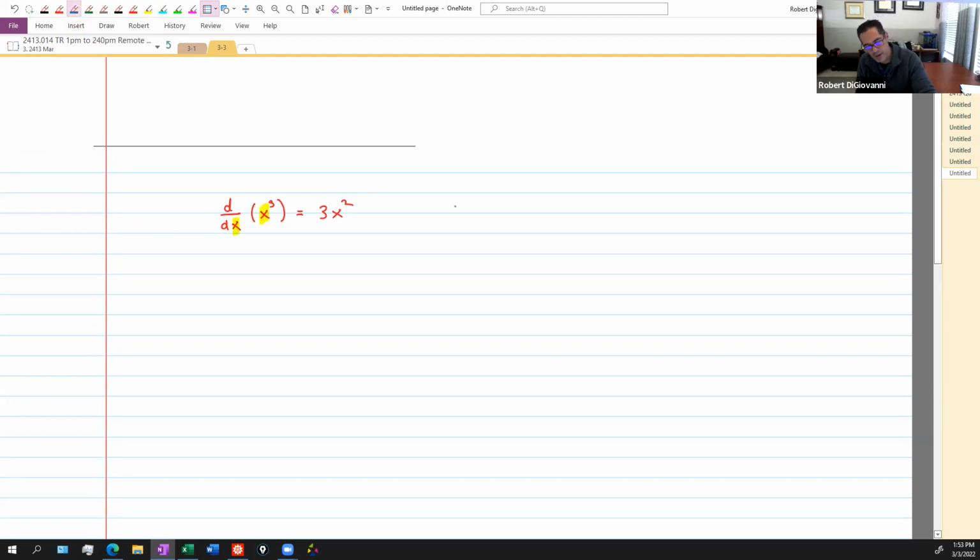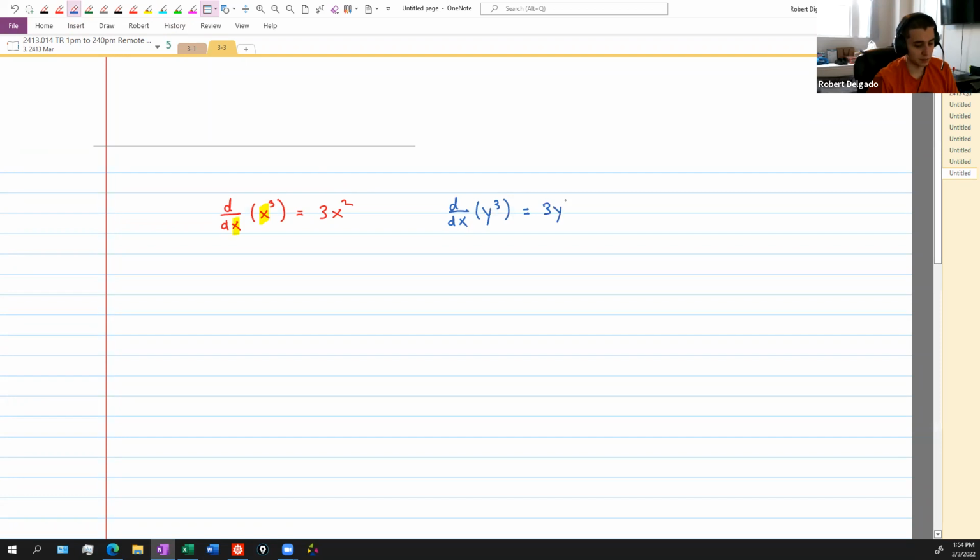Now, what is the derivative with respect to x of y cubed? It would be 3y squared times dy with respect to dx. Yes, you can just say dy/dx, that's fine.